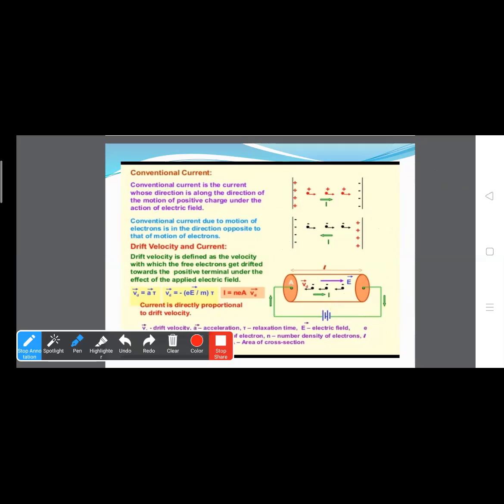So the average velocity of electrons in the conductor is the drift velocity, which is given by Vd equal to V1 plus V2 plus V3 up to Vn divided by n. On solving, we can write (u1 plus u2 plus up to un) upon n plus a times (t1 plus t2 plus up to tn) upon n.